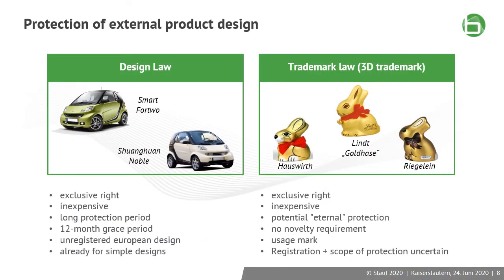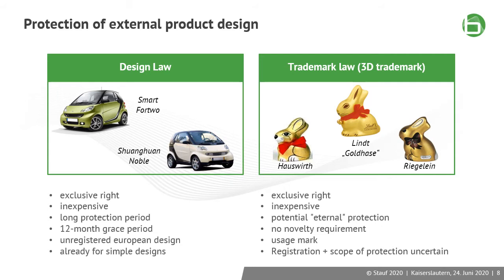The importance of product design as an essential success factor and link for protection can also be observed in other industries. On the left side, you see the Smart 4.2 and its replica, the Shuangwang, I cannot pronounce it, an Asian car. And have you ever wondered why you don't see this car on European streets? Well, one of the reasons is that here the exterior product design is protected by registered designs.